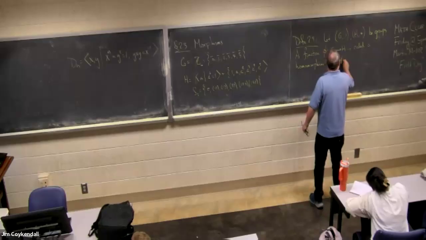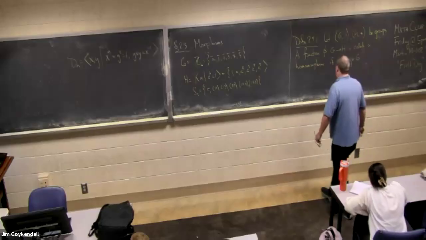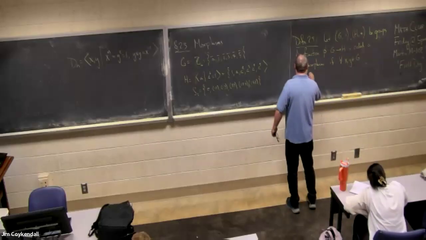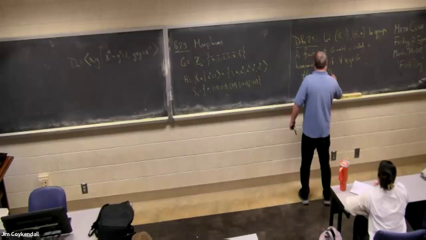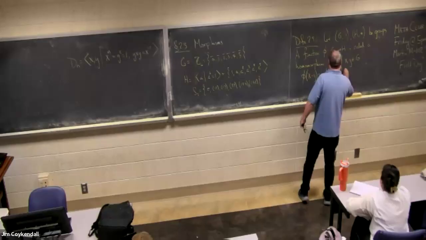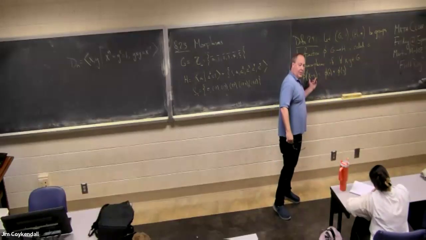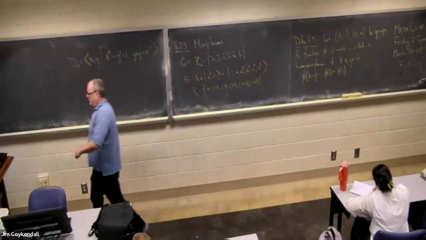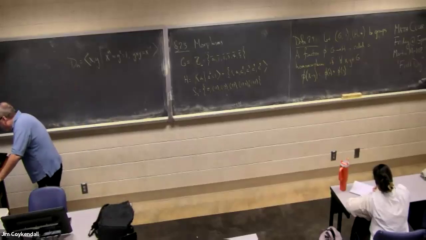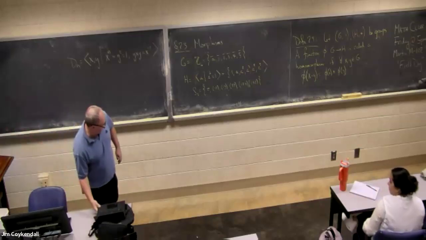If for all x and y in G, phi of x circle y, that's the operation in G, is phi of x star phi of y. Because phi of x and phi of y are actually elements of H. This is called a homomorphism of groups.